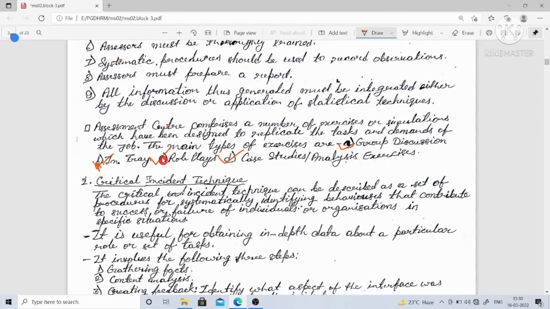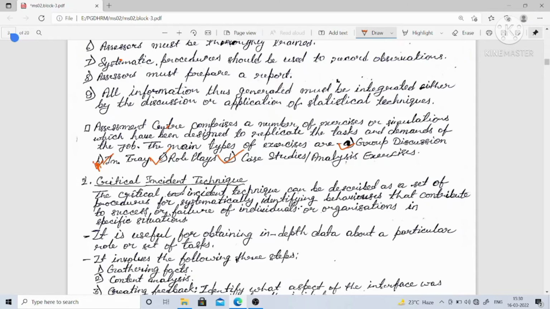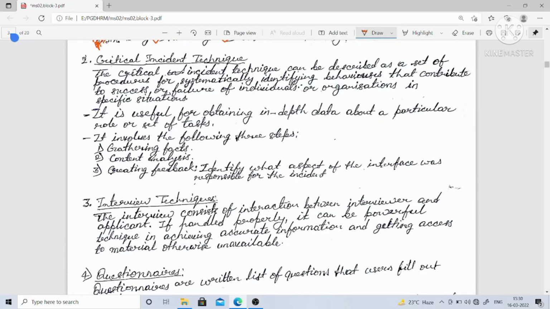Next, the second method of competency mapping given here is critical incident technique. The critical incident technique can be described as a set of procedures for systematically identifying behaviors that contribute to success or failure of individuals or organizations in a specific situation.